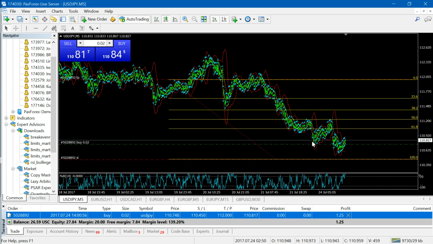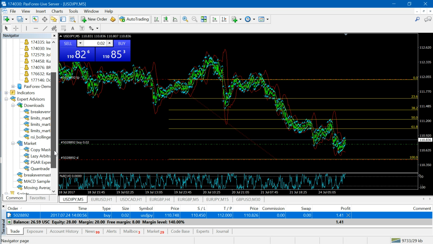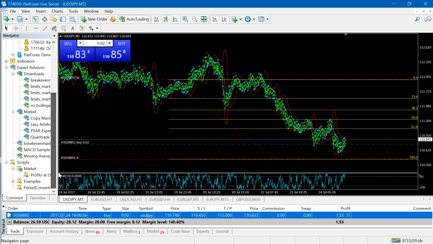All right, so with the fib retracement, right here is where we are. The fib retracement shows you where your 50, 618 and 382 levels are, which are hugely important in finding certain levels. But the way that we're going to use that is with another script that I found and love, called the profits at drop script.